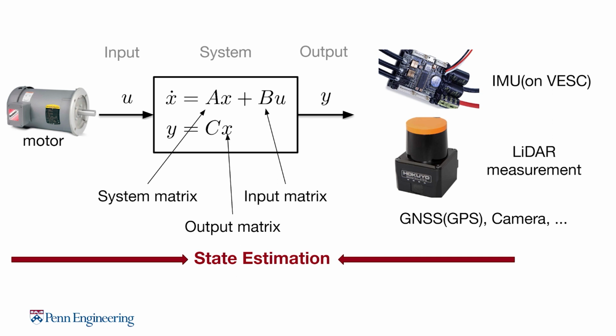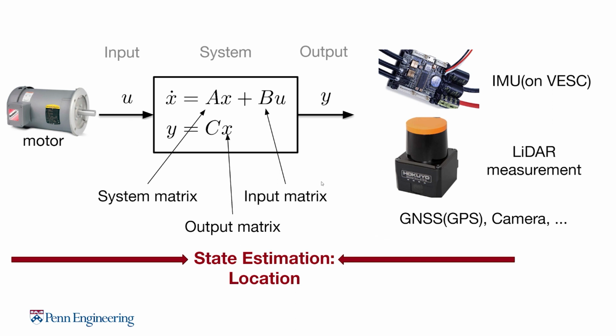The only thing that we can observe is the output of the system. That gives us the question of state estimation, which in this class, where the state is the position, is the localization question.